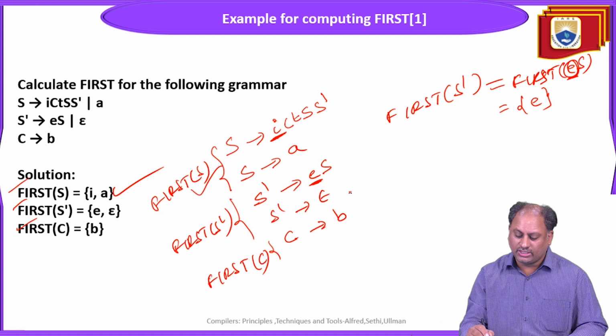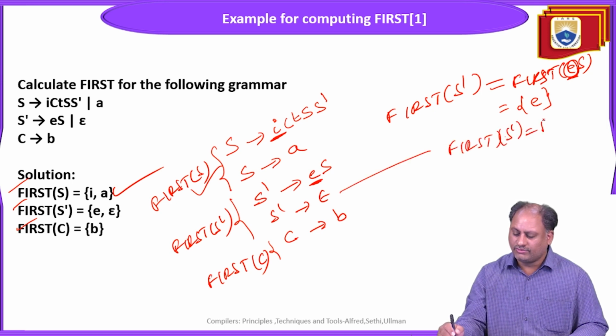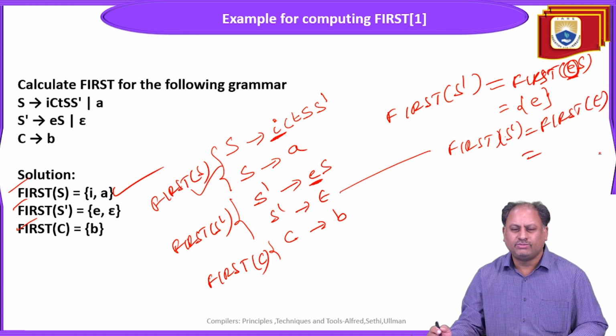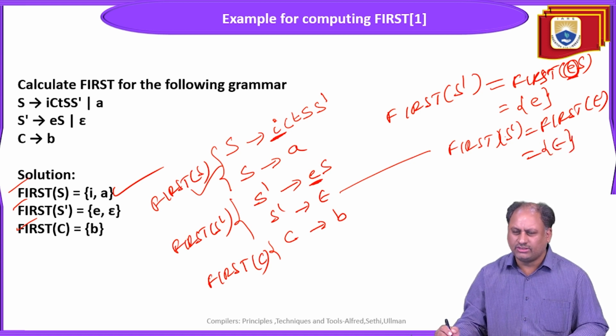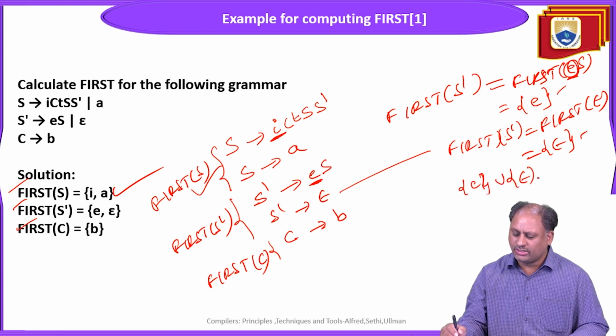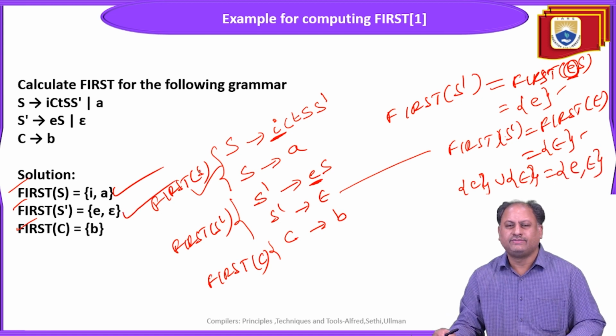And for the second case, first of S dash is equal to first of epsilon. What is epsilon here? Since it is a terminal, we include the result as epsilon. It is the third rule. Then by the union of these two cases, we consider e comma epsilon. So this is the second.